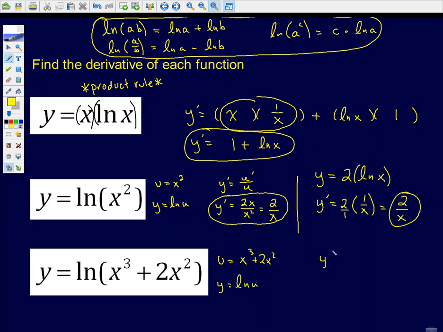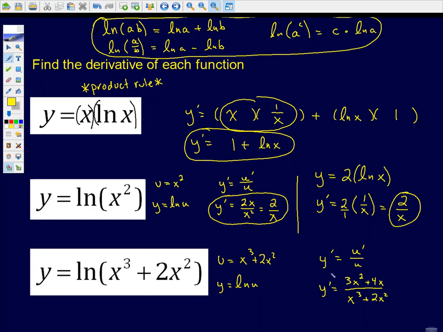So my derivative rule is derivative of u over u, and this time I can fill both those in pretty quickly. In fact, the derivative of u is the derivative of x cubed plus 2x squared, so 3x squared plus 4x, and then u was x cubed plus 2x squared.